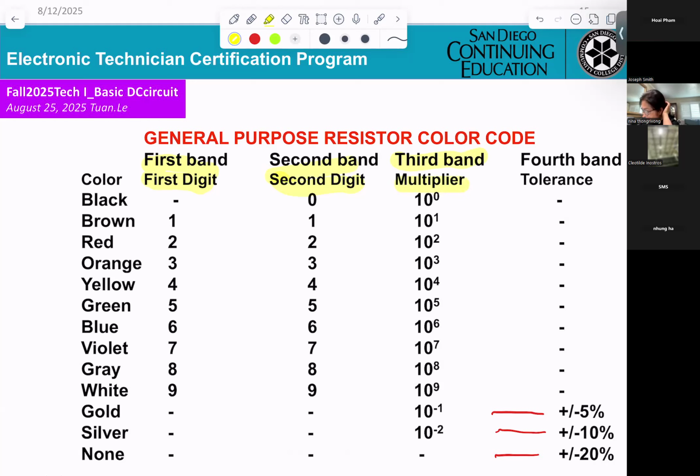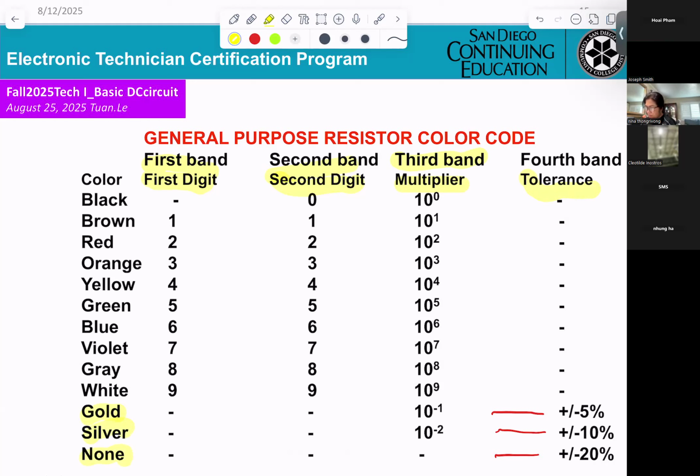And finally, you get the tolerance, plus or minus 5%, 10%, or 20%, depending on the color gold or silver or nothing.